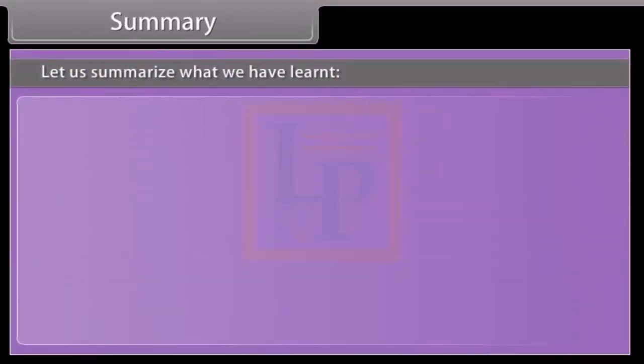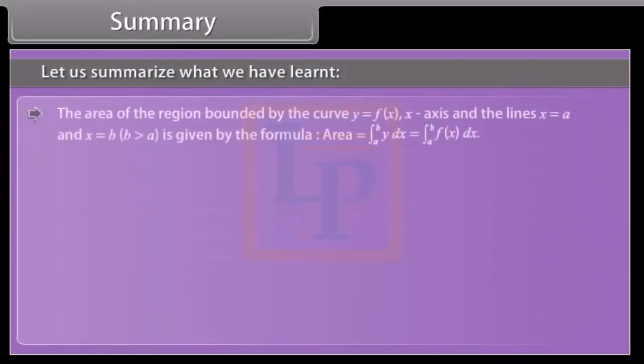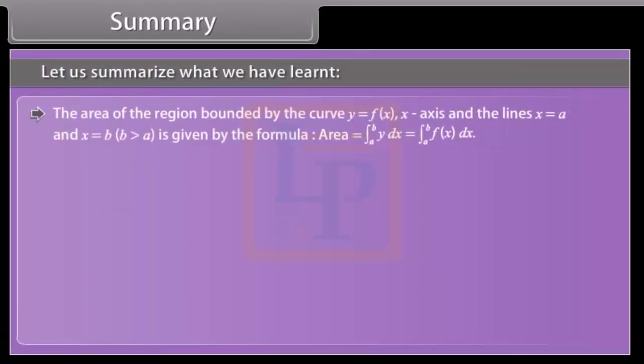Summary. Let us summarize what we have learned. The area of the region bound by the curve y equals f of x, the x-axis, and the lines x equals a and x equals b, where b is greater than a, is given by the formula area is equal to the integral from a to b of y with respect to x, which equals the integral from a to b of f of x with respect to x.